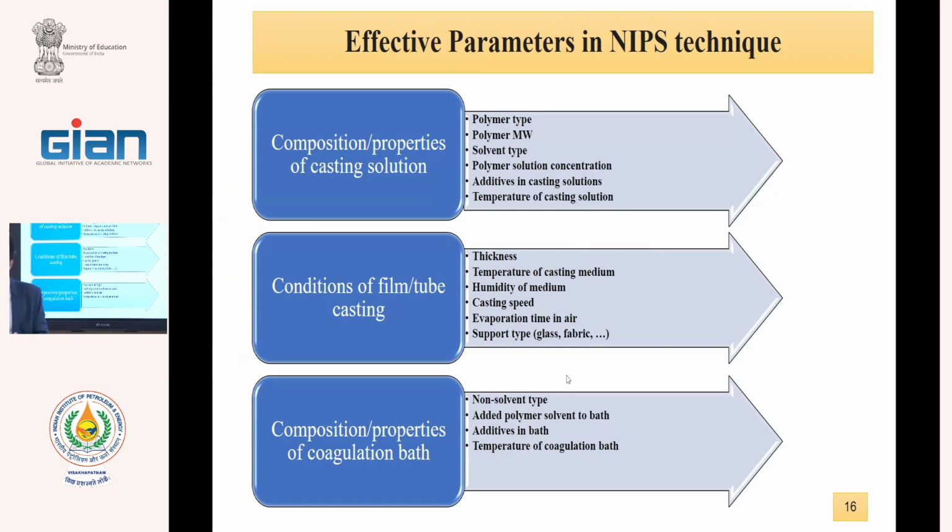Therefore, phase inversion is a very easy method, but we must control all of these conditions, and control of all conditions is very hard. And in industrial scale, we need clean rooms, the closed chambers.